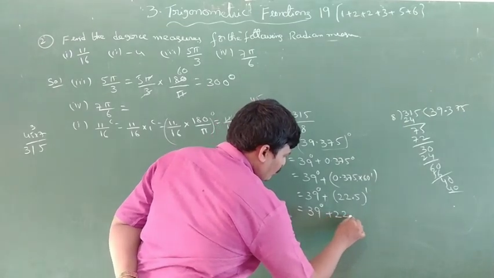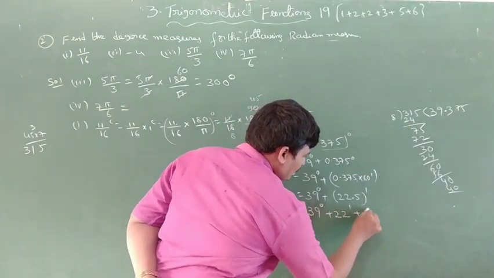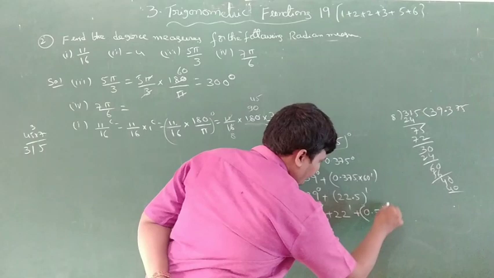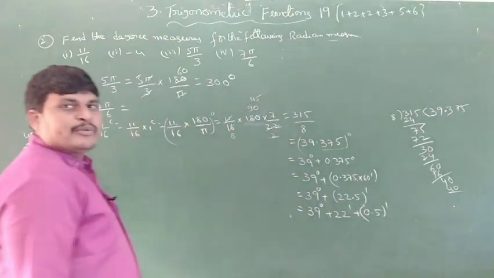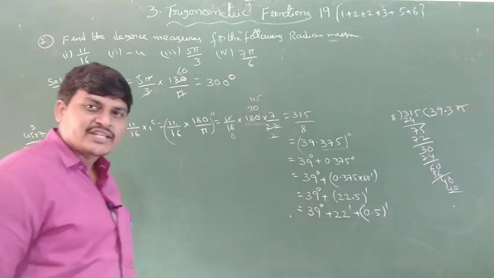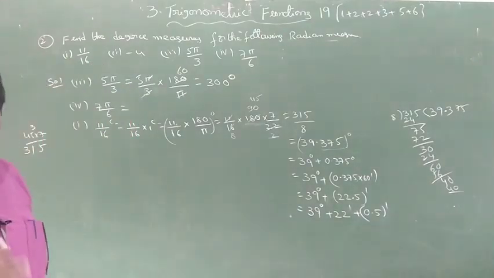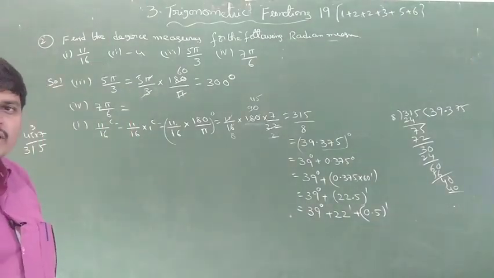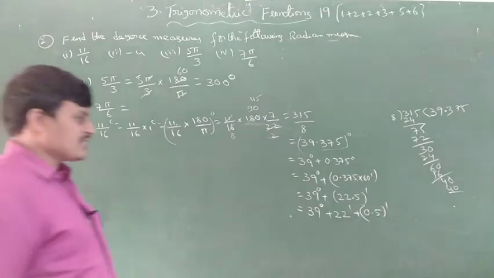22.5 minutes means 22 minutes plus 0.5 minutes. 0.5 minutes means half a minute. Half a minute means how many seconds? Below 1 degree is converted into minutes, below 1 minute is converted into seconds.